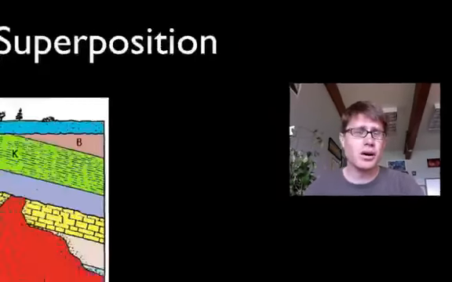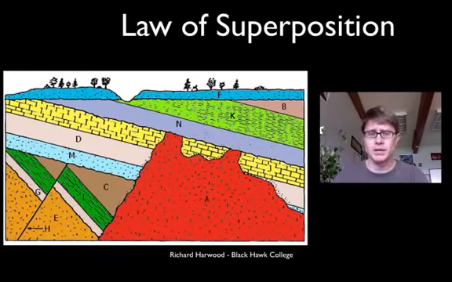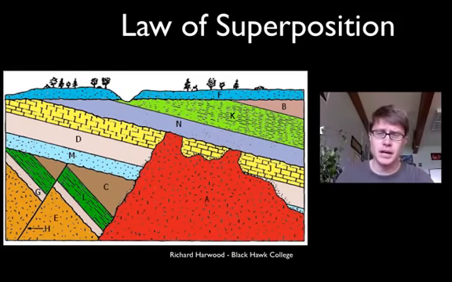The law of superposition is fairly simple, but the problems you can solve with it are fairly complex. This would be an example of a geology problem that you have to solve. We can see all these different rock layers. The idea is to figure out which one of these occurred most distantly and most recently.